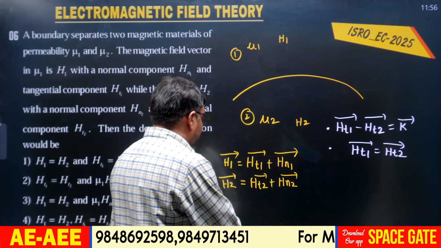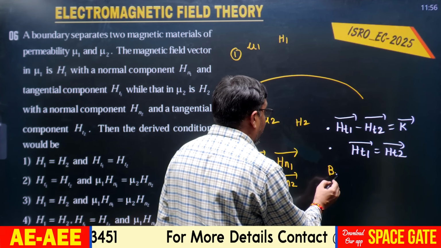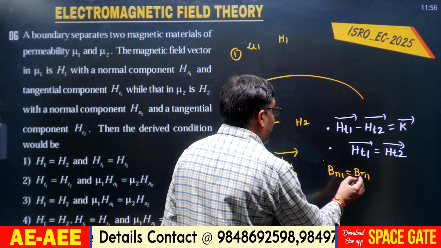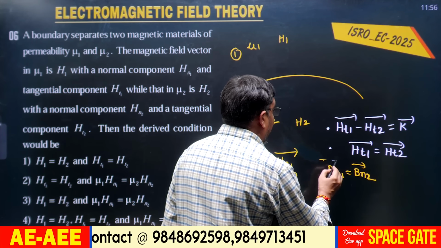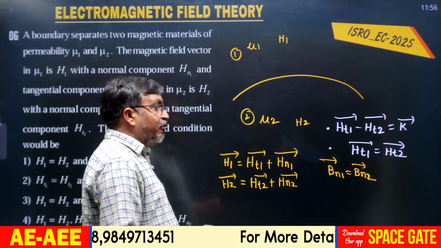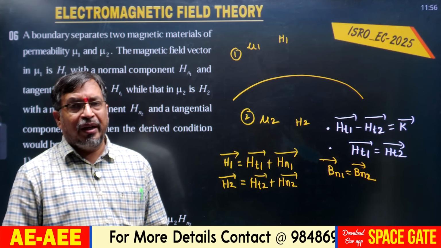Similarly, using normal components, from the law of conservation of magnetic flux, Bn1 equals Bn2. That means the normal components of magnetic flux density in medium 1 and medium 2 are the same.